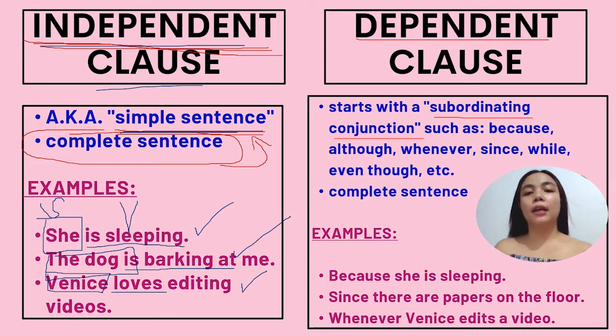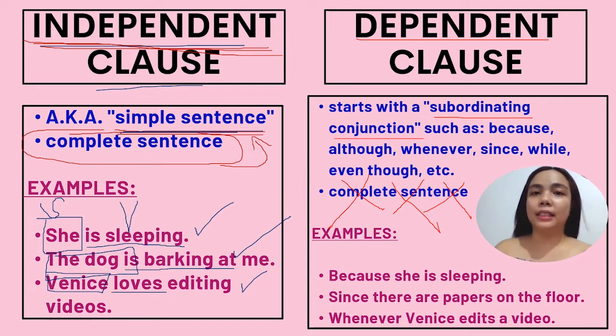Also, it cannot be a complete sentence. It's a no-no. That's why I placed here complete sentence and crossed it out. It can only have sense if it is connected to an independent clause.